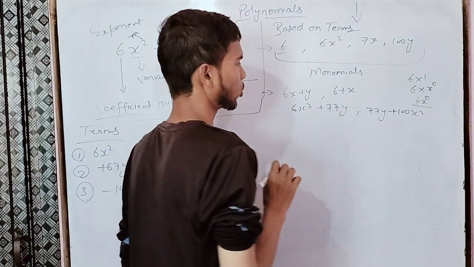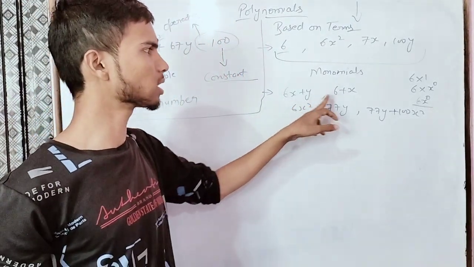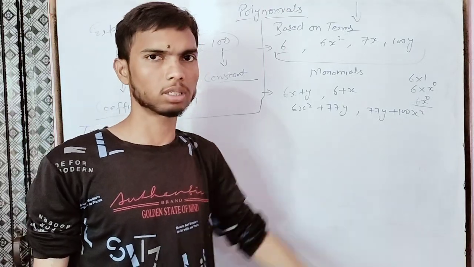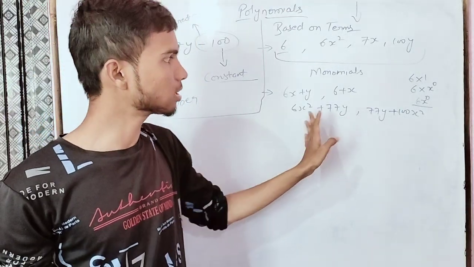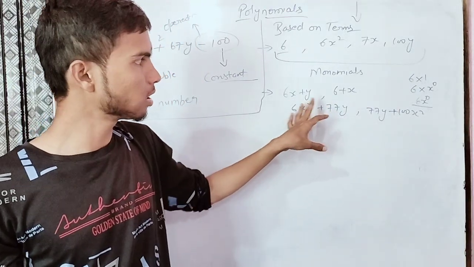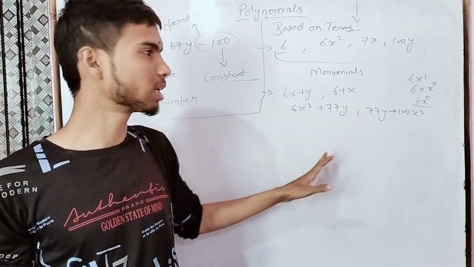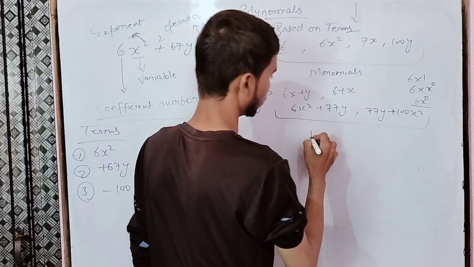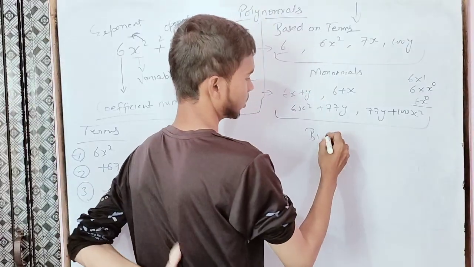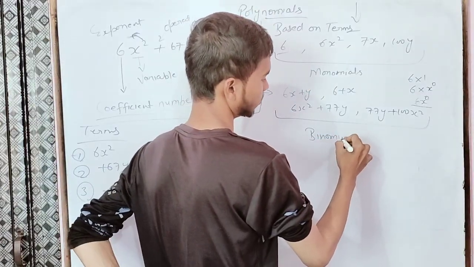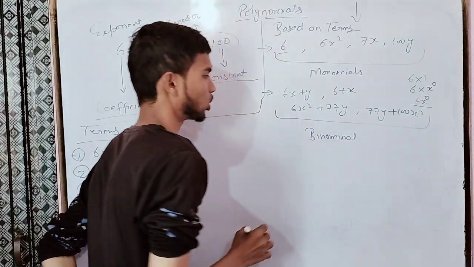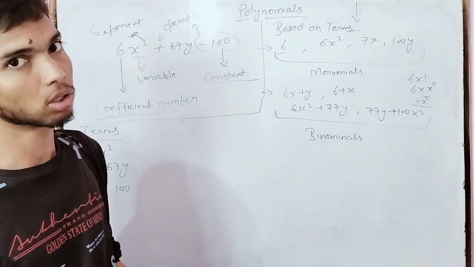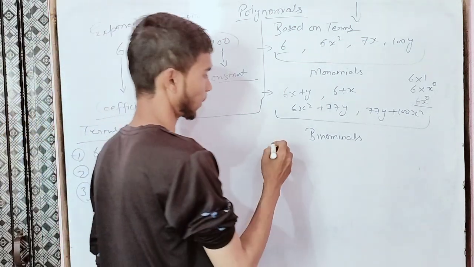So here you can see this is one term, this is second term, this is one term, this is second term. So each of these polynomials has two terms. That's why these are binomial. Binomials. If there are two terms, then that polynomial is a binomial.